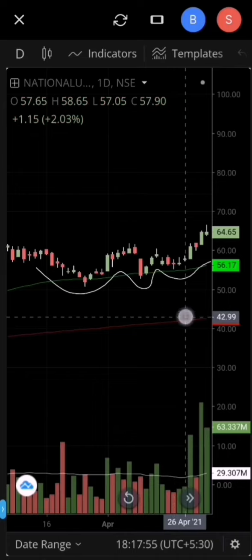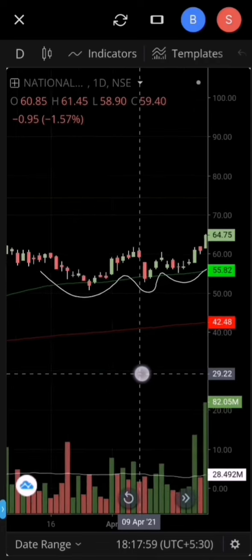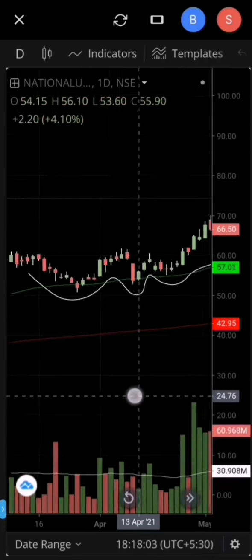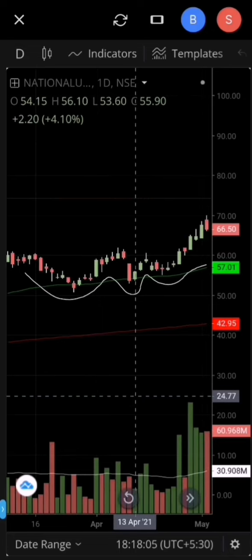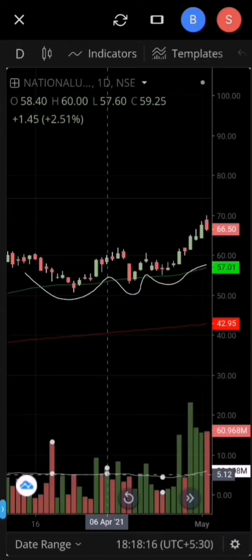During this contraction, if you could see, the volumes were substantially low. Here in the volume candles, this white line is nothing but the 50-day moving average of the volume. That means the last 50 days' average volume is marked by this white line.